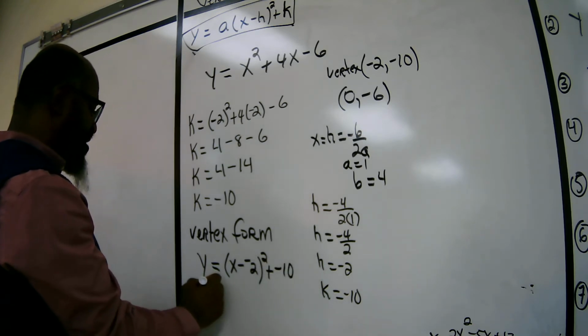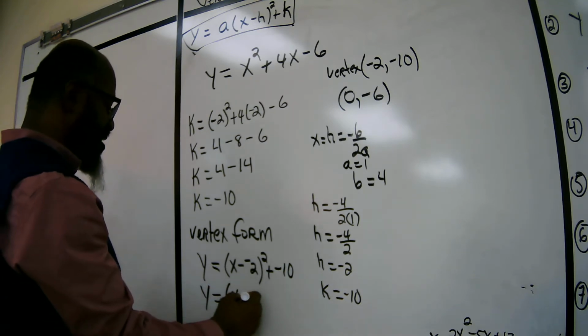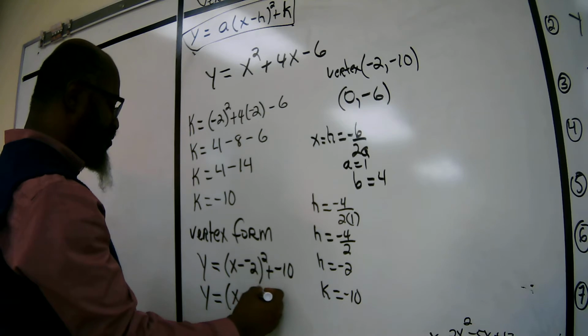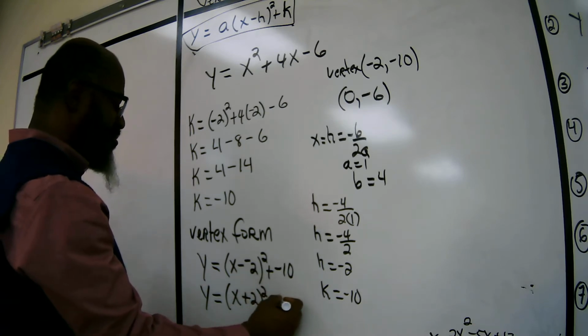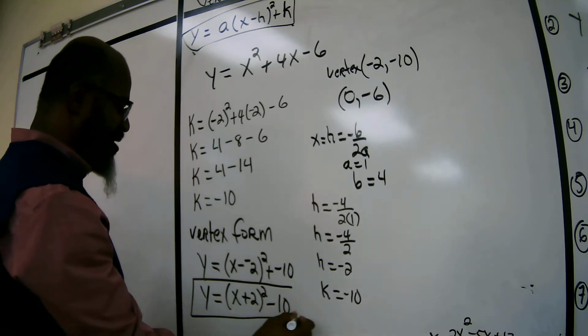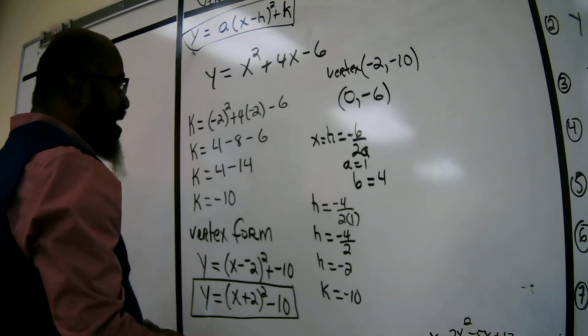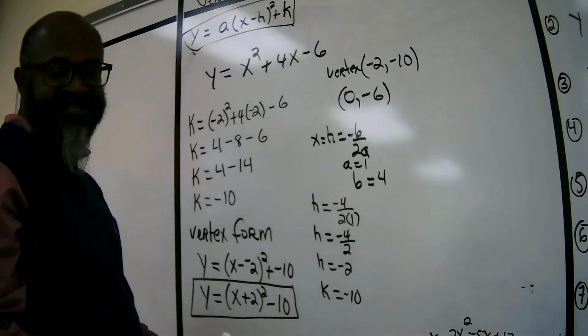So when you simplify that, you will have y equals x plus 2 squared minus 10. This is your equation in vertex form. That will be the Charlie's version. Let's try the big boy version.